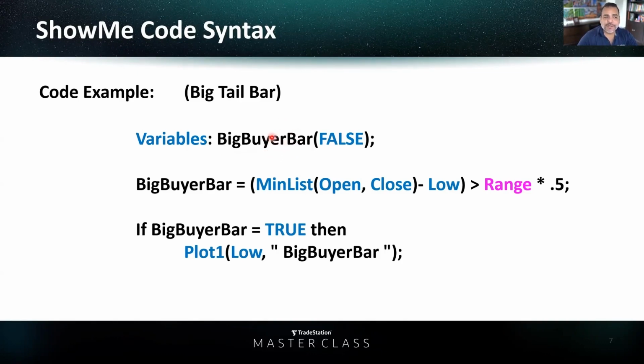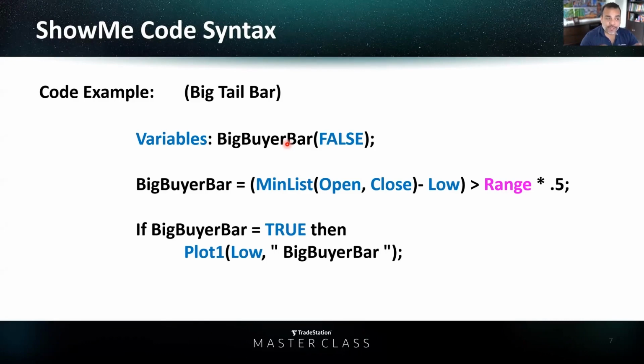This is a user created word, big buyer bars. A lot of these variables you're going to create yourself. You're going to name them yourself. So get into a habit of coming up with words that mean something to you, so that when you come back to the code, it is clear what you're looking for.